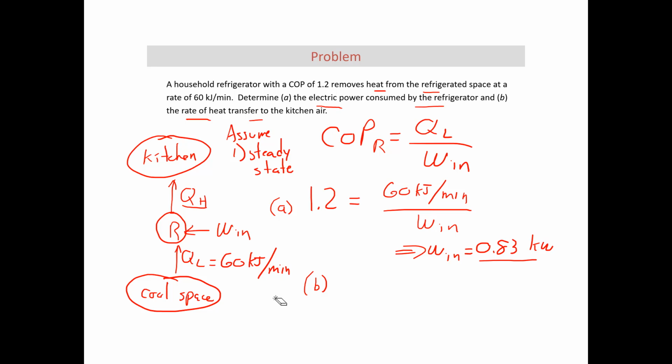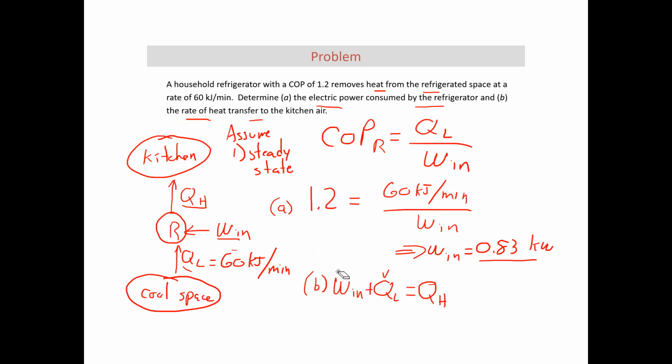Delta E system goes to 0 because it's steady state, so I'm left with all energy in equal to all energy out. So around the whole refrigeration cycle, work in plus Q in is equal to all energy out, which is just QH. That's the only energy leaving the whole cycle.